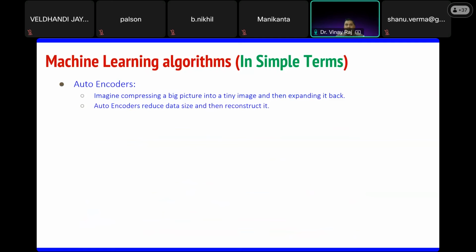I am folding it 4 times and putting it in. But nothing is lost. When I open it back, it is the same. The information written on the paper is the same. Nothing is lost. We are just reducing its size. That is autoencoders. With the help of autoencoders, we do that. Why do I have to do it? Because sometimes, with ML algorithms, I cannot play on that huge data.